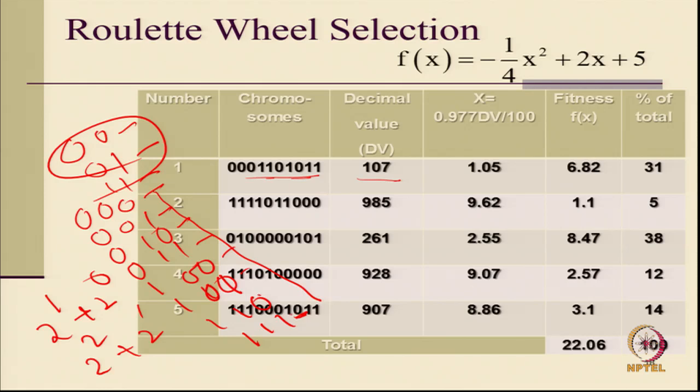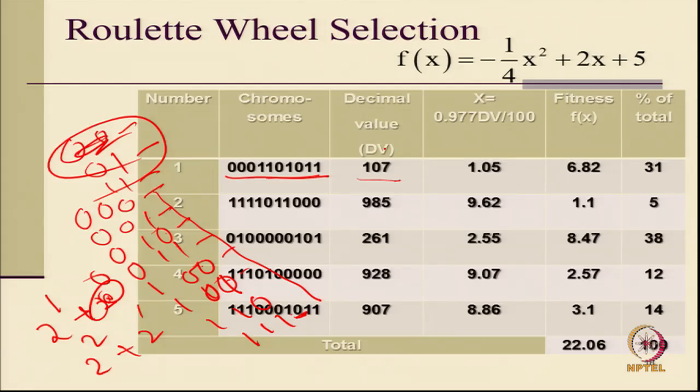How many of them will be there? 1, 2, 3, 4, 5, 6, 7, 8. Sorry, it will be 2 to the power 3. So, supposing I am denoting it by 2 to the power, how much would this be in binary?